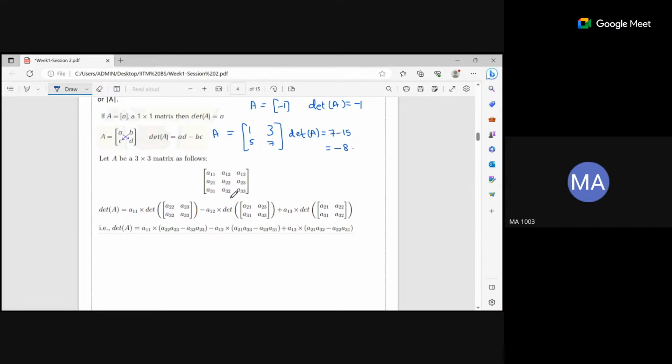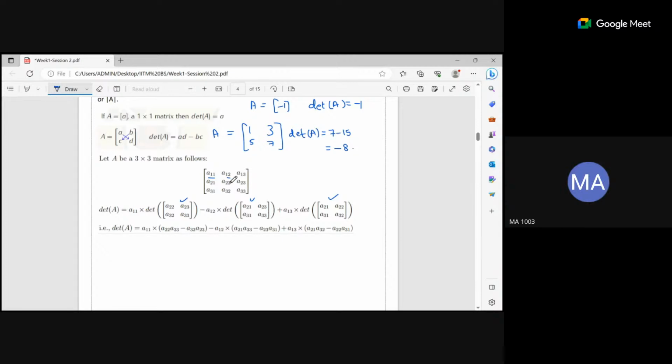Then minus A12 and the determinant of this part. We are leaving out the first row and the second column. A12 means the first row and second column entry. The remaining entries are A21, A31, A23, A33. And then plus A13 and the determinant of this part.